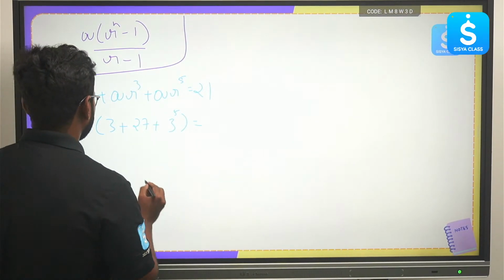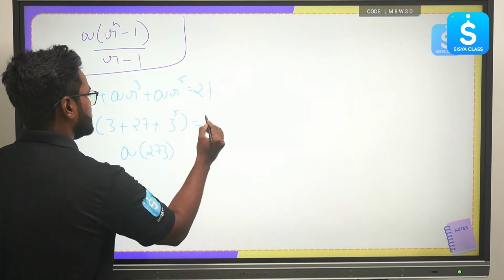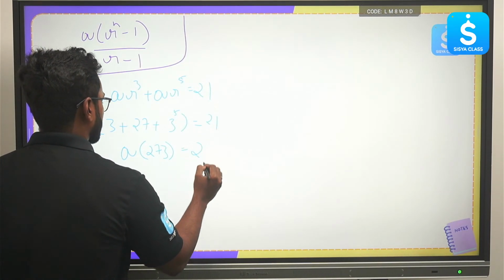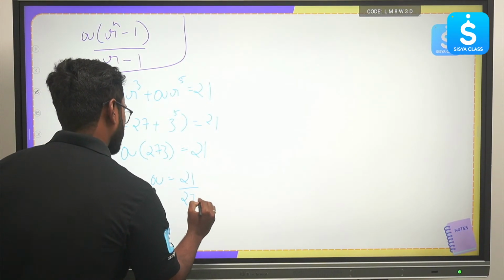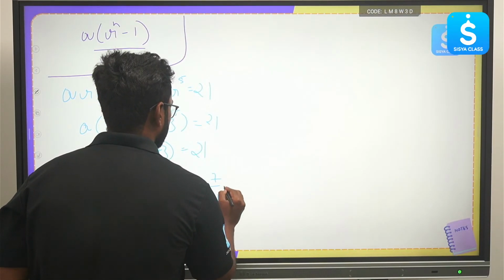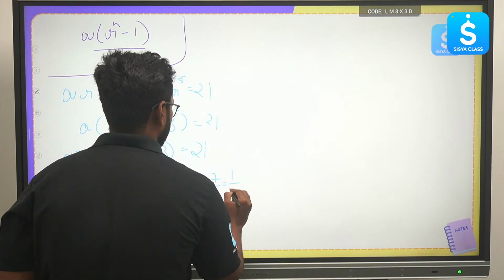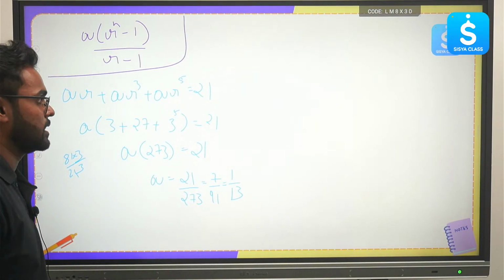So A into 273 is equal to 21. So A would be 21 by 273. You can cancel this. 3 7s are 21, 7 1s are 7, so A is 1 by 13.